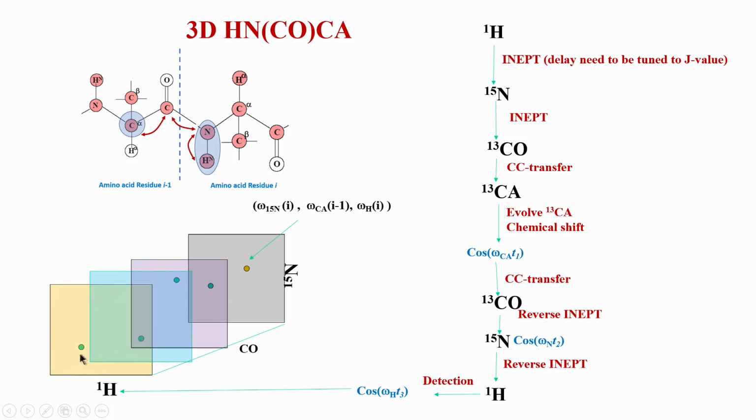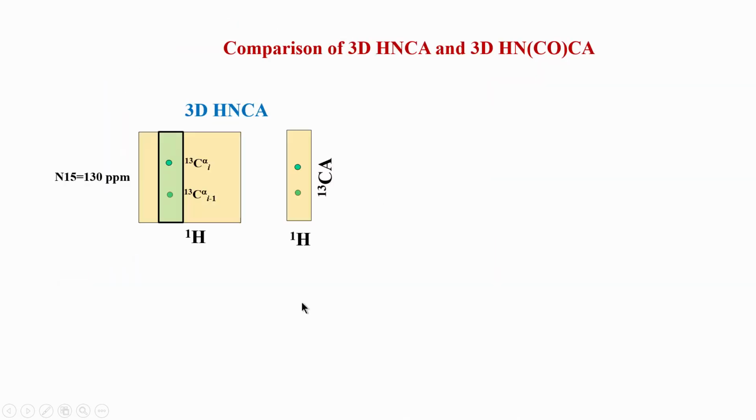But here now this axis, I am sorry, this is a mistake here, it should be Ca, because we have not evolved the CO chemical shift, Ca is what was evolved. So, this is the Ca dimension. Okay. So, for every slice here I am getting only one peak, and what is that chemical shift? That is the Ca of I minus 1 for a given nitrogen. So, let us go further and see.